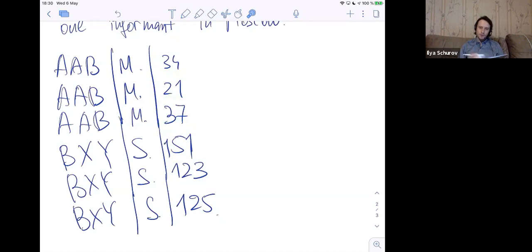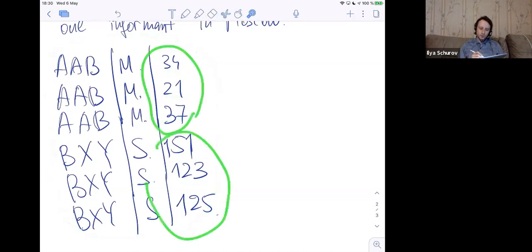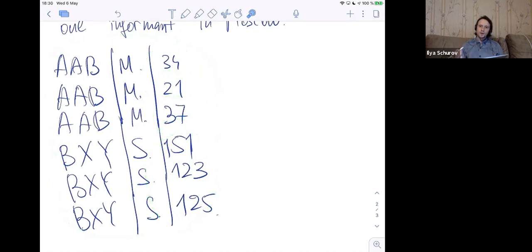But if I think about the data generation process for this sample, what are we comparing here? Do I compare citizens of Moscow with citizens of St. Petersburg?